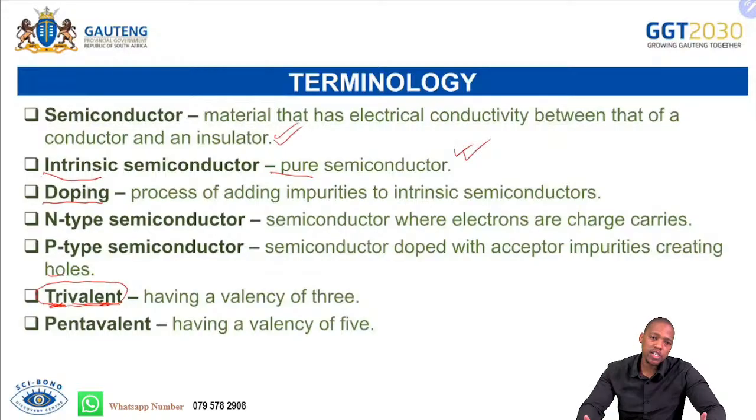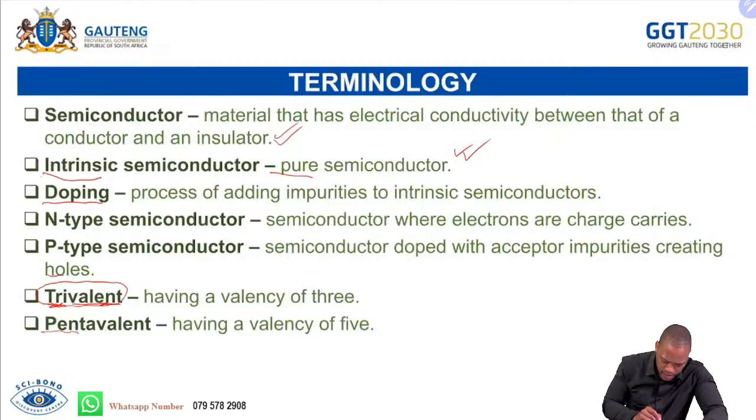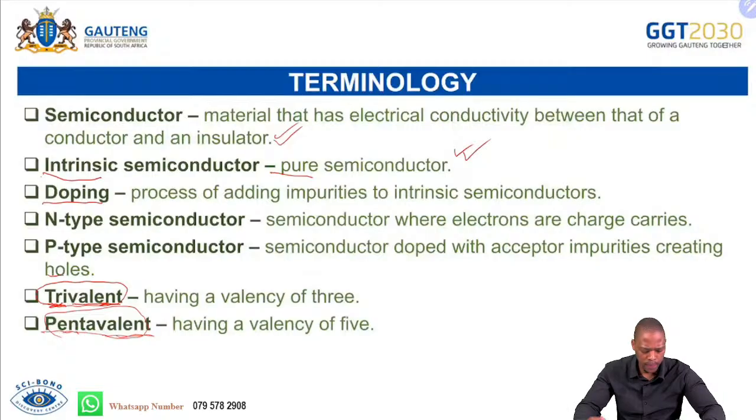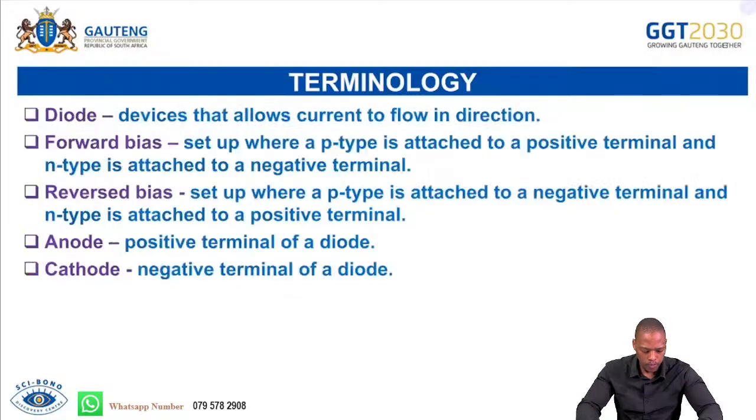Another one is pentavalent. Pent means 5, as we learned in organic chemistry, and valent is from valency. So pentavalent means having a valency of 5. It's important to understand what valency is, so that words like trivalent or pentavalent do not confuse you at all.